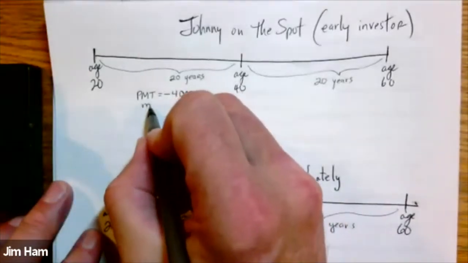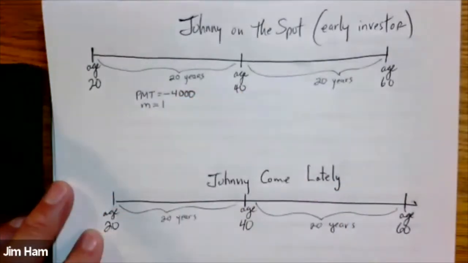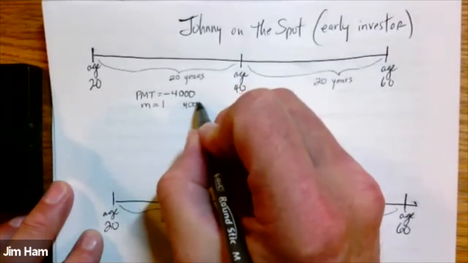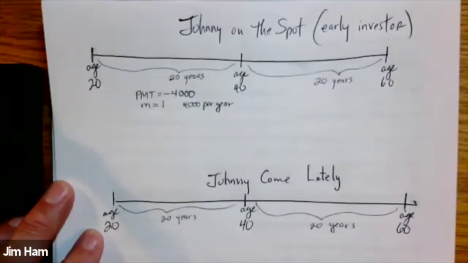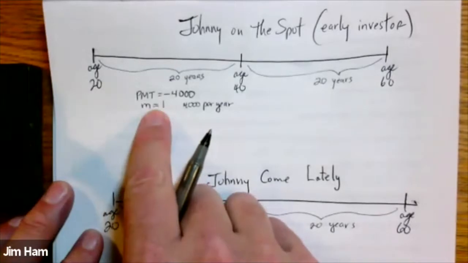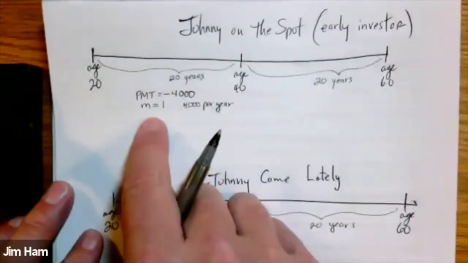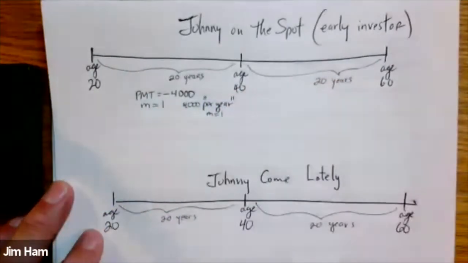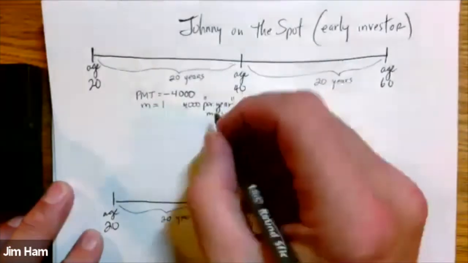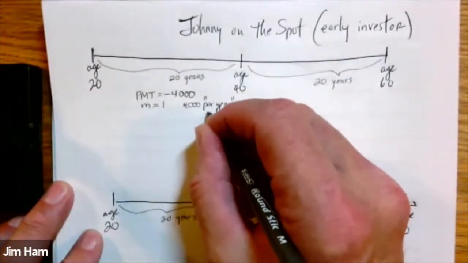There's no mention of the compounding factor because it says $4,000 per year, and consistently through this entire worksheet it's the same. We're going to be talking about investments, one per year. So when you see per year, that translates into the little n value equaling 1.